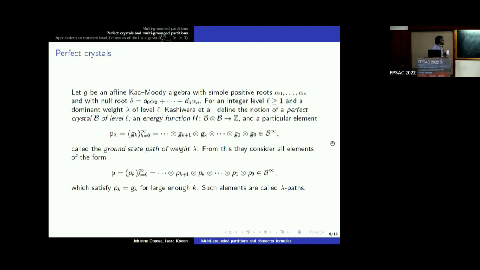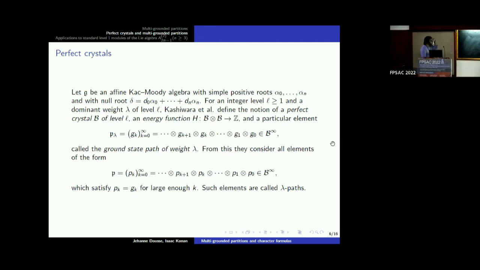And then we also have what we call the dominant weights with a level L, and you have the notion of crystal of level L, which was introduced by Kashiwara and his co-authors, and the notion of energy function on what we call the tensor product. So all these notions, I won't detail them. I'll just mention them because what matters here is the combinatorial interpretation in terms of multi-grounds.